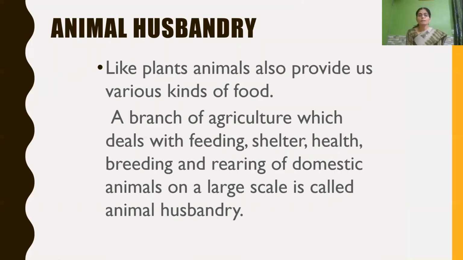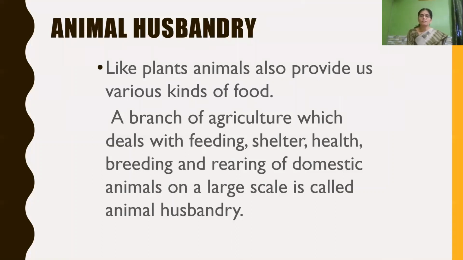And as we know, we get food from animals also, and farmers keep some domestic animals along with them. So this branch of agriculture which deals with feeding, shelter, health, breeding and rearing of domestic animals on a large scale is called animal husbandry.